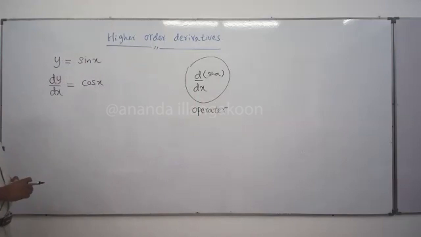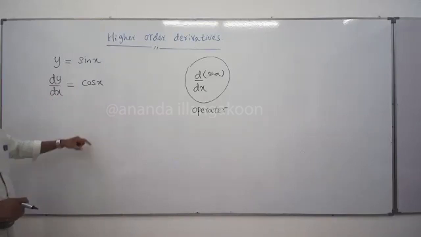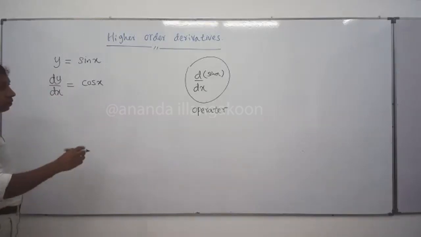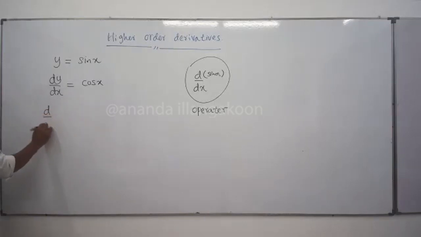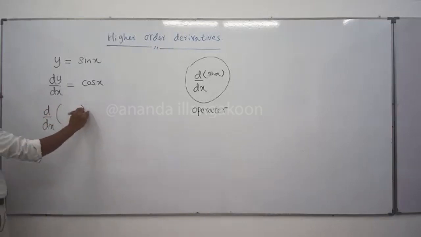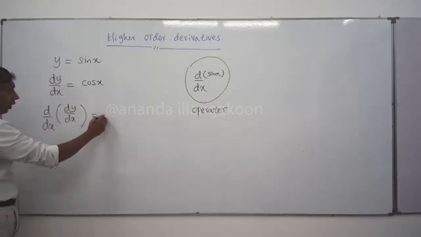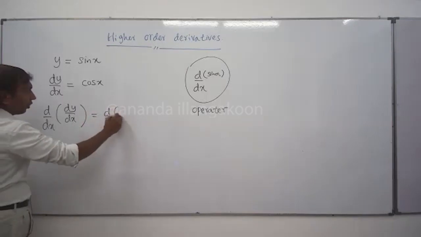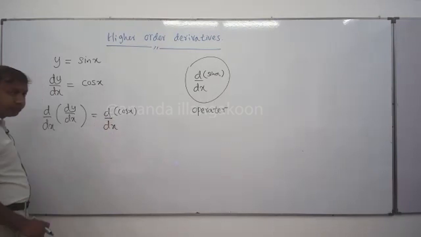So if I need to differentiate both sides of this equation with respect to x, I must apply this differential operator to both sides like this. d upon dx I should apply to this dy by dx. And on the right hand side also, for the cos x function, I must apply the same differential operator.